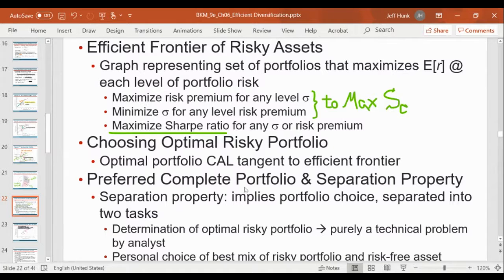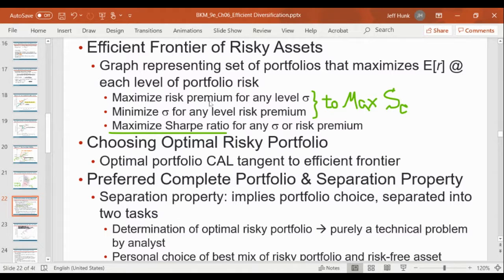Choosing the optimal risky portfolio is critical because the Sharpe ratio of the optimal risky portfolio determines the Sharpe ratio of the complete portfolio. The optimal portfolio CAL is tangent to the efficient frontier.